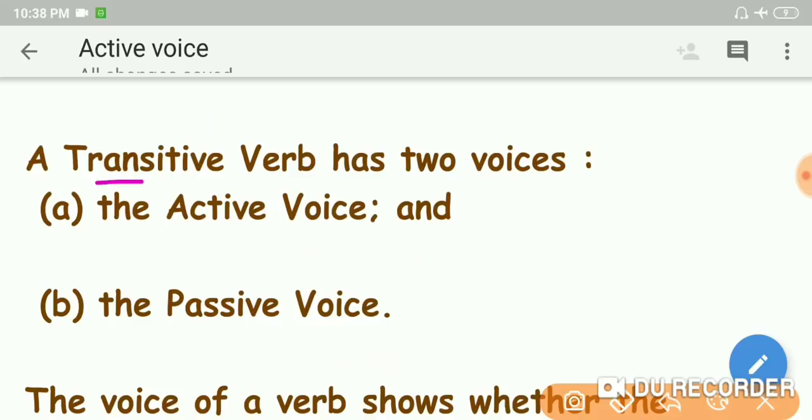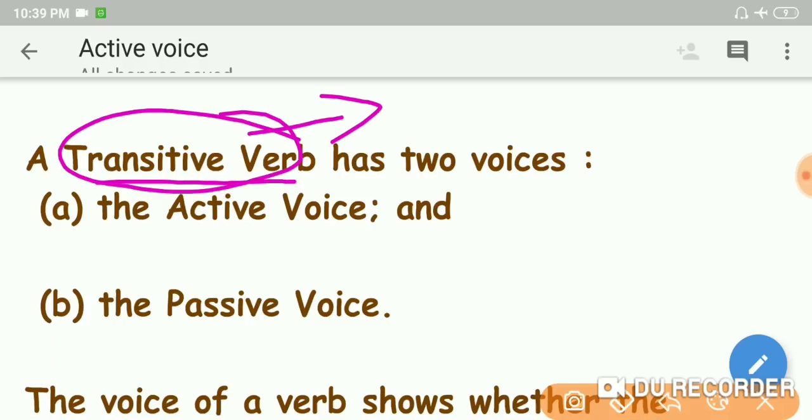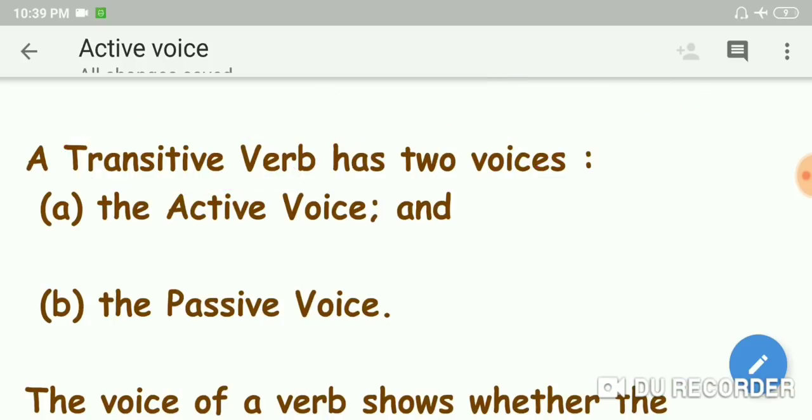See, a transitive verb has two voices. My dear friends, what is a transitive verb? A transitive verb is a verb which has the object. How can we observe that a transitive verb has an object?